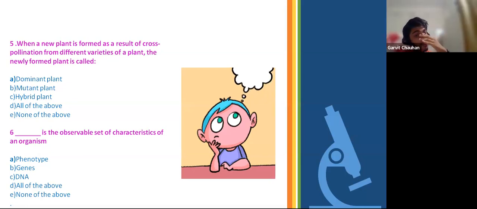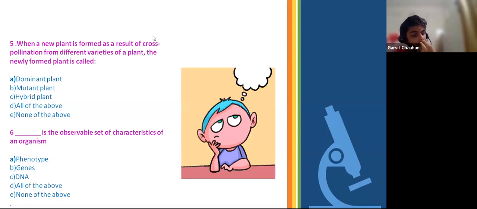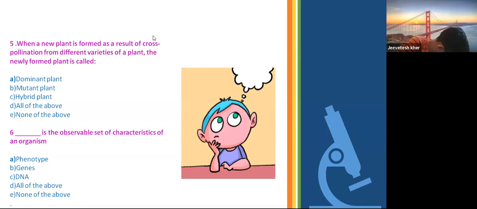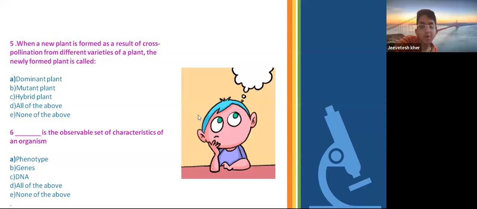Ma'am, so mutant plant, what can it be? Is it that it evolved over time? A mutant plant could be that certain changes in the DNA sequence of that particular plant, a sudden change. Okay, mutant.